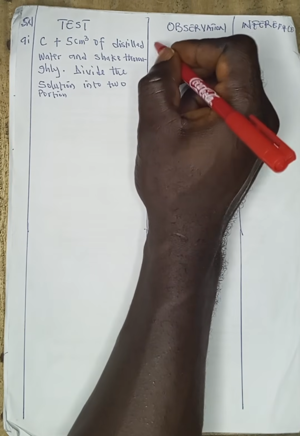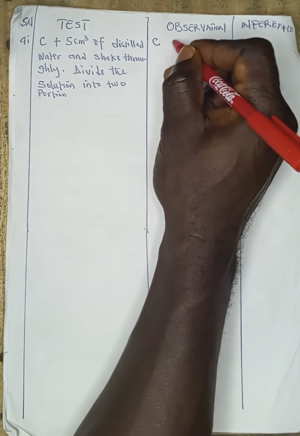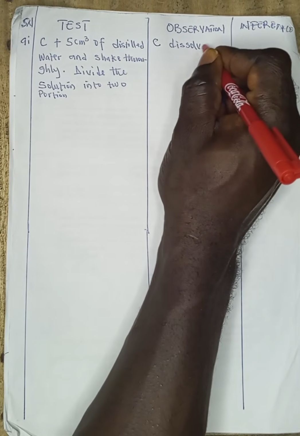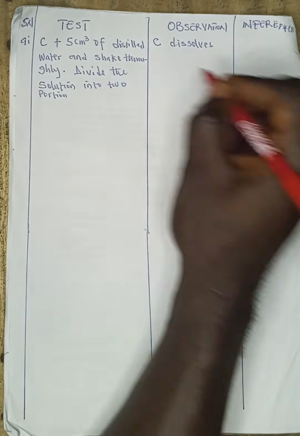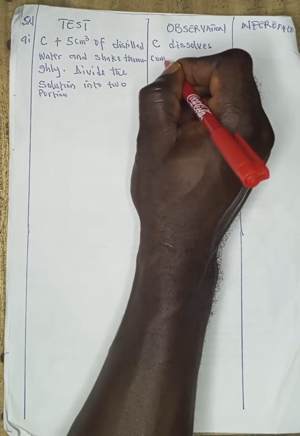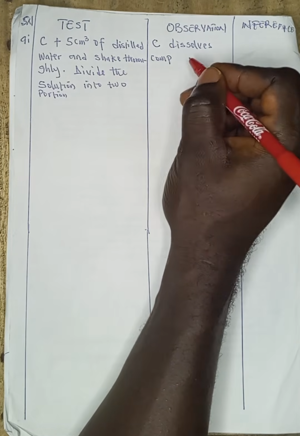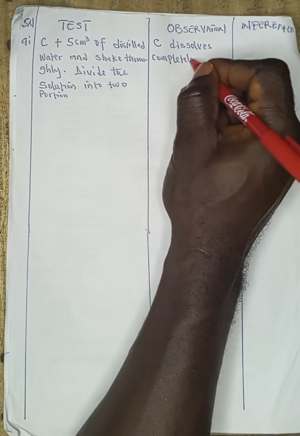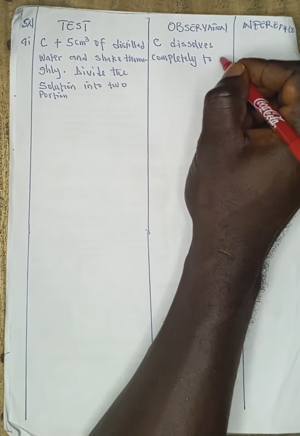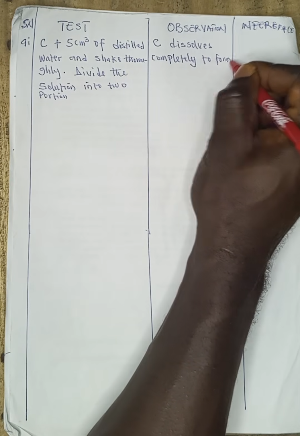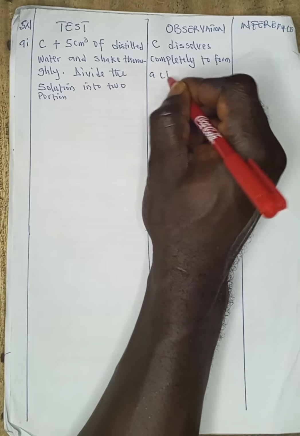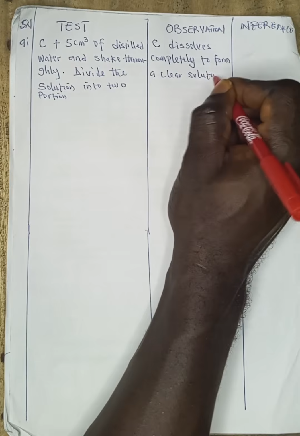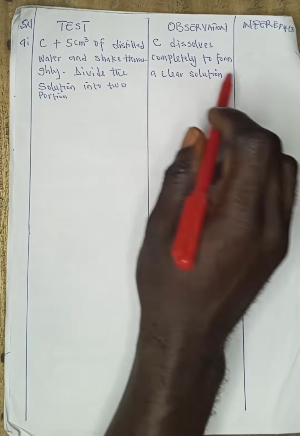You will see that C dissolves completely because lead nitrate is a soluble salt, to form a clear solution.